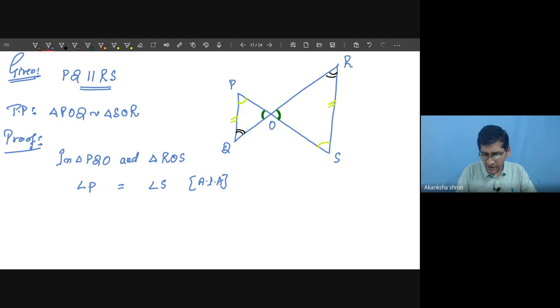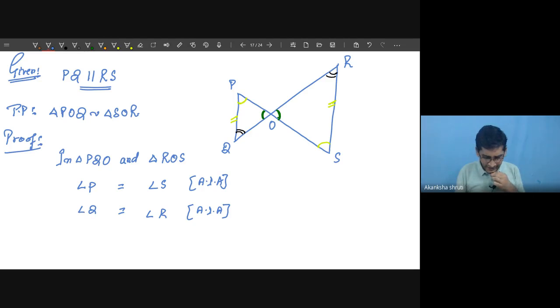So the cause you have to write in front, at least not in the full form like alternate interior angle. Even if you are writing AIA, it is also acceptable. The other one is, again for the triangle PQO, we can write angle Q is equals to, on the triangle ROS, it is the angle R by the same reason, alternate interior angle.